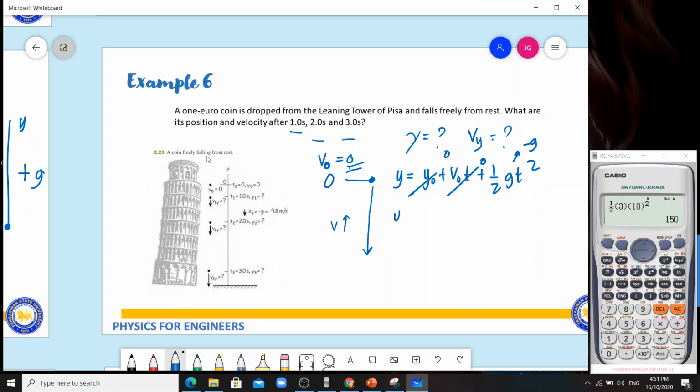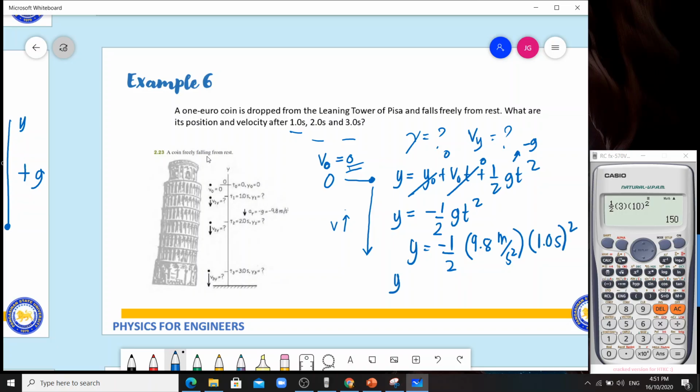So, what we are looking for is y. What remains is negative 1/2 g t squared. So y equals negative 1/2 times 9.8 meters per second squared times t squared, which is 1.0 second squared.